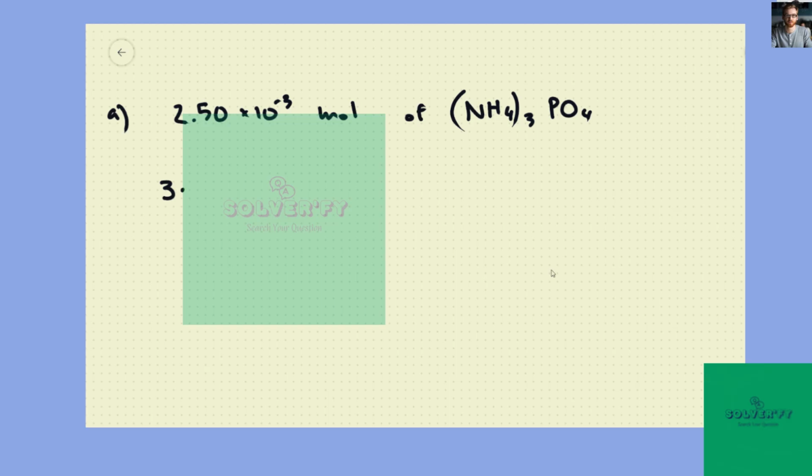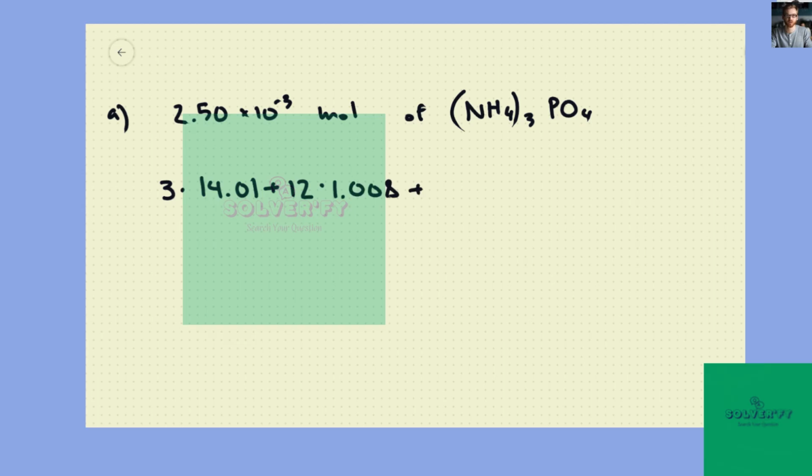And so there's 3 nitrogens. Nitrogen has a molar mass of 14.01. There's 3 times 4, 12 hydrogens, 1.008.